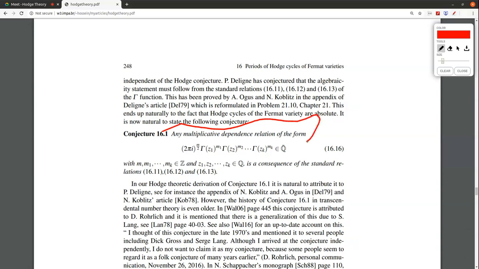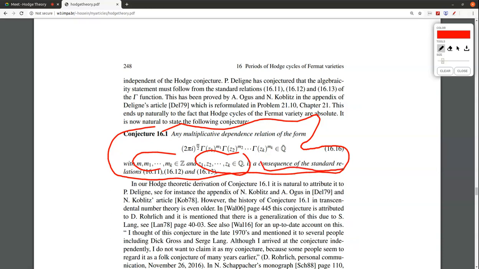Any multiplicative dependence between the values of the gamma function with rational entries, with some powers, is a consequence of the standard relations.